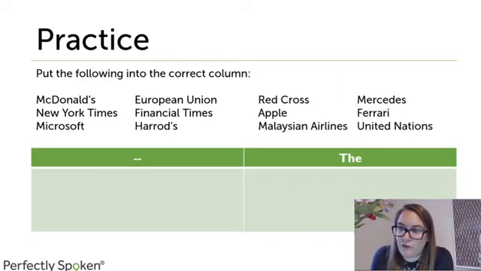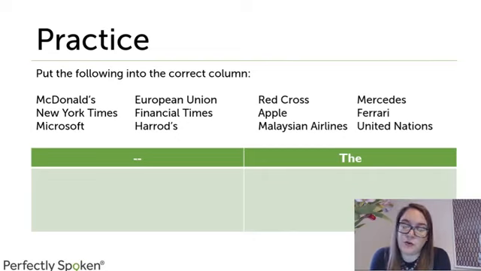McDonald's, European Union, Red Cross, Mercedes, New York Times, Financial Times, Apple, Ferrari, Microsoft, Harrods, Malaysian Airlines and United Nations. There are 2 columns here because what I'm asking you to do is to decide, do you need to put the in front of the name?